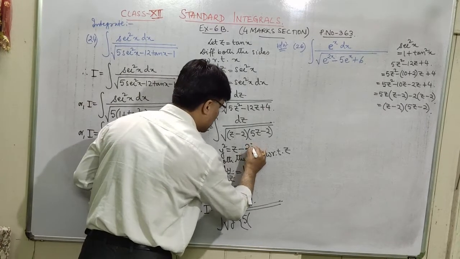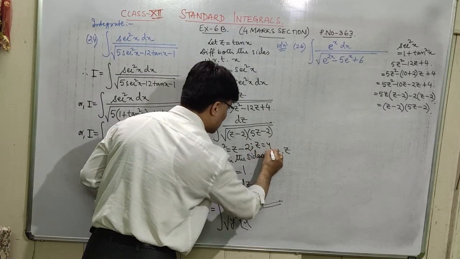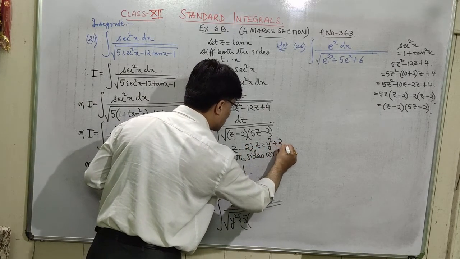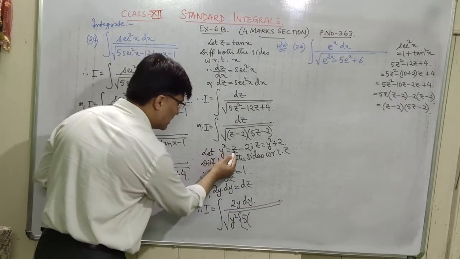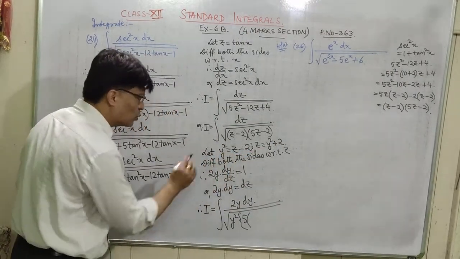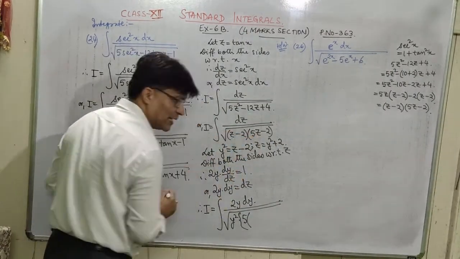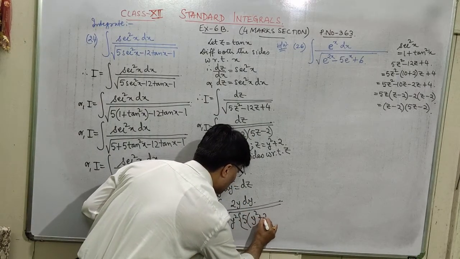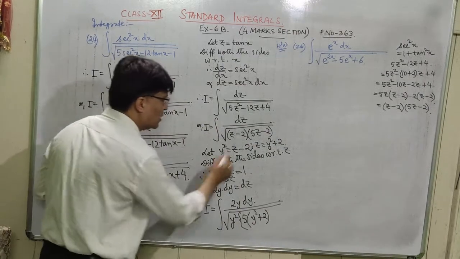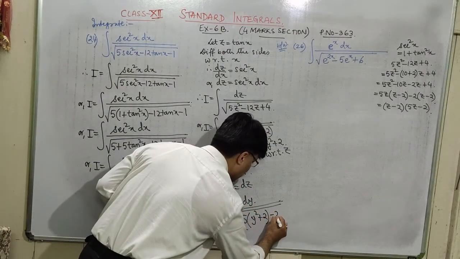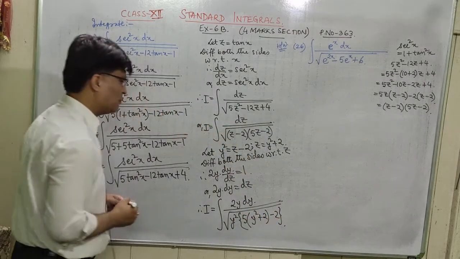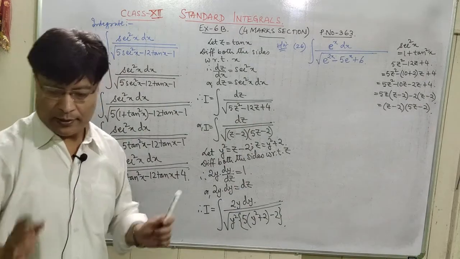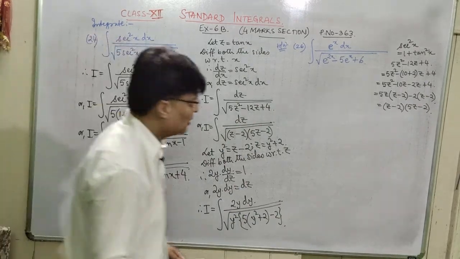So z is equal to y square plus 2. Let us put the value for z in this case. So here z is y square plus 2, bracket closed. Then you have to write minus 2. So here second bracket is closed. So I think you have understood it.